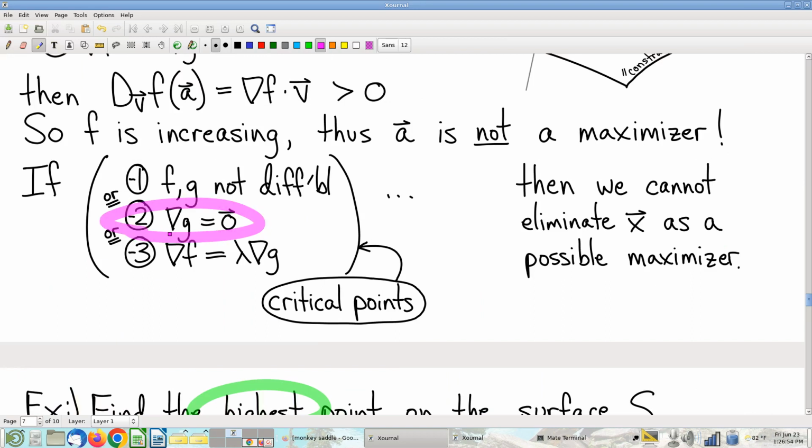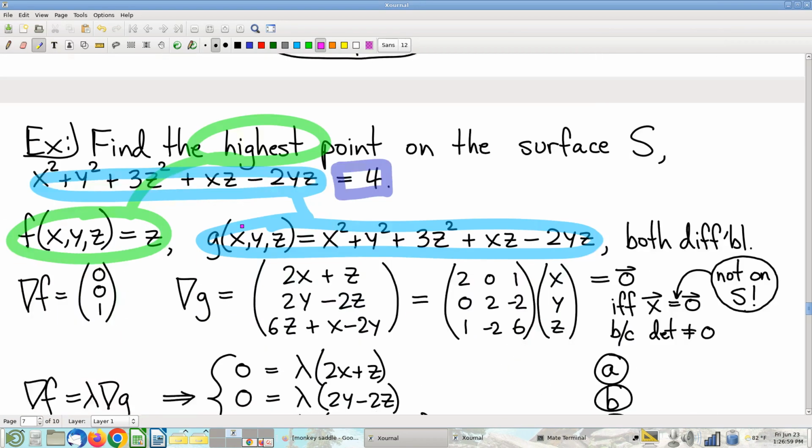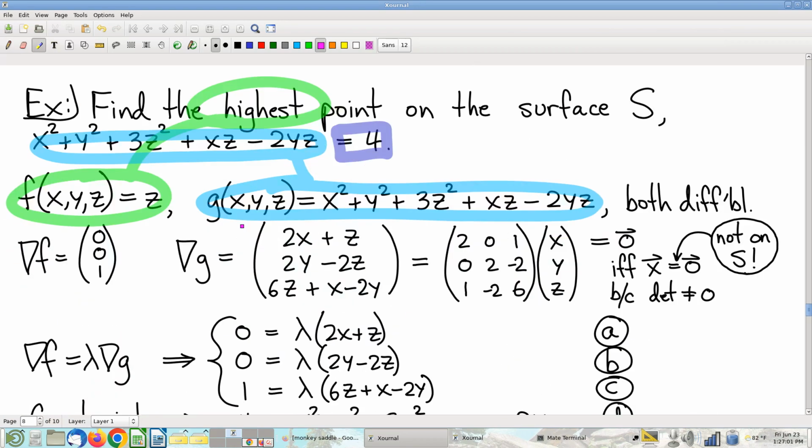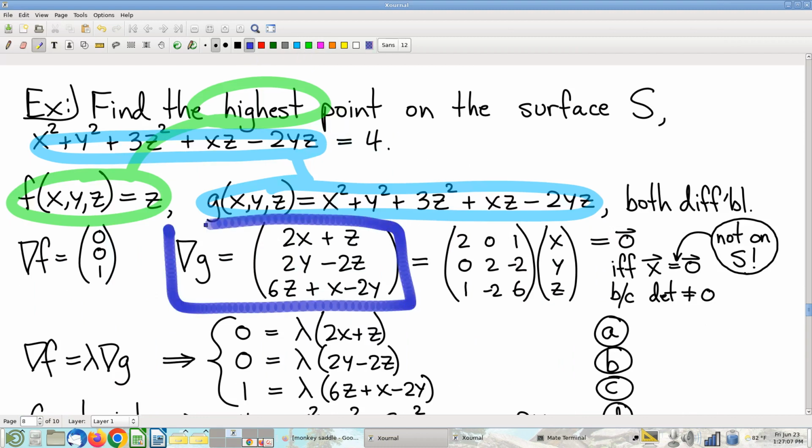Degeneracy. I need to look for where the gradient of g might be 0. And, okay, well, here's the gradient of g. How am I going to decide where that's equal to 0? Looks like it could get ugly.